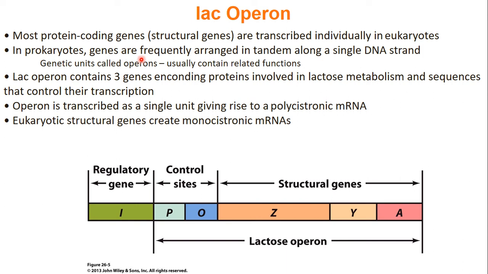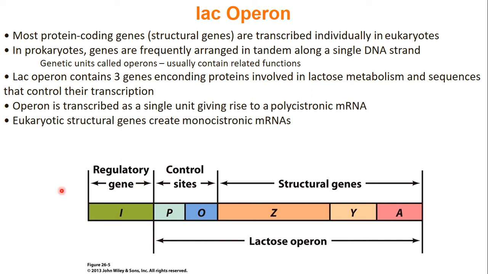The genes that are lined up usually have related functions. It's not random. These genes usually go together. For our example of an operon, we're going to look at the lac operon. We have three genes that are involved in lactose metabolism, and it also contains sequences that control their transcription.